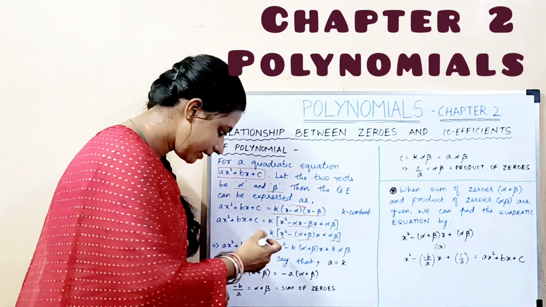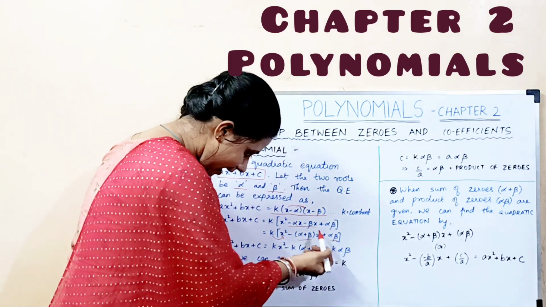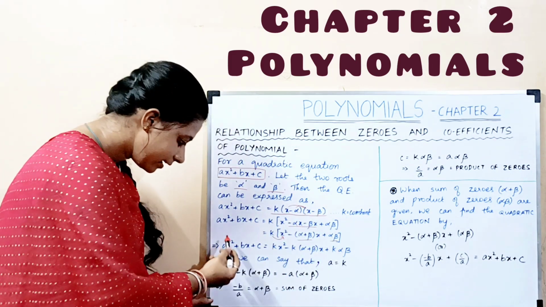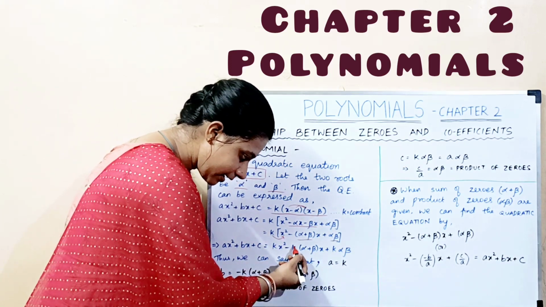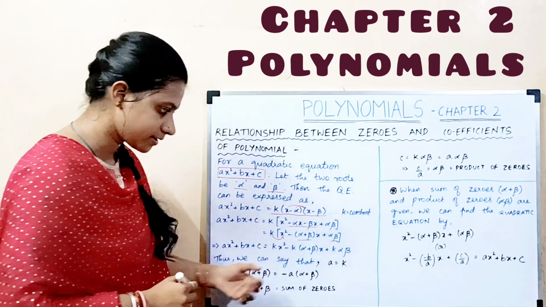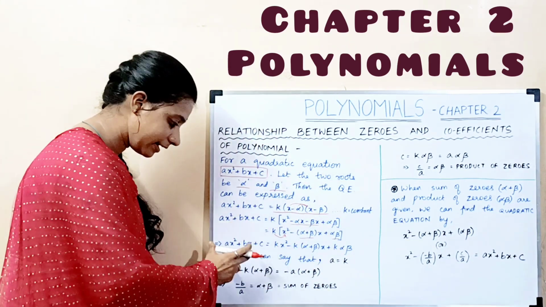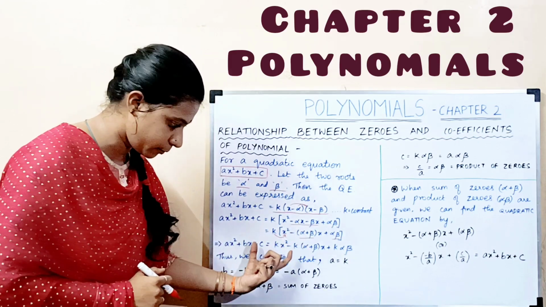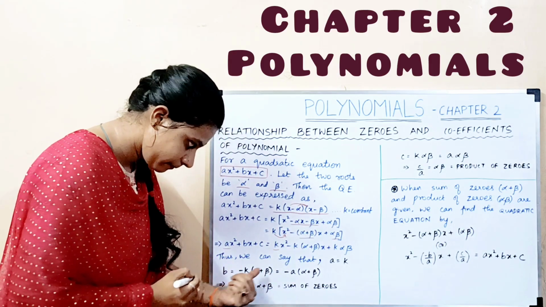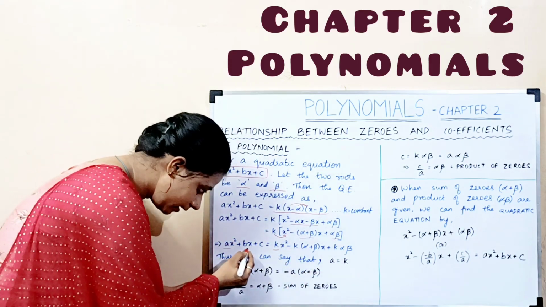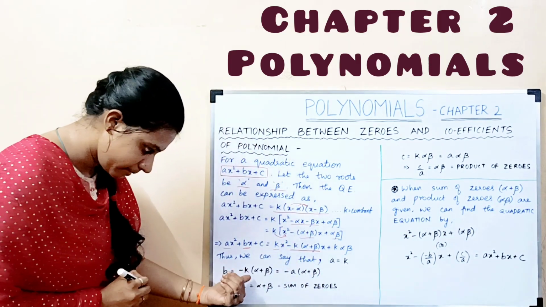Now we will multiply k with these terms, and we get ax square plus bx plus c is equal to kx square minus k into alpha plus beta into x plus k alpha beta. Now by comparing the left hand side and right hand side of this equation, we can say that a is equal to k, and b is equal to minus k into alpha plus beta.